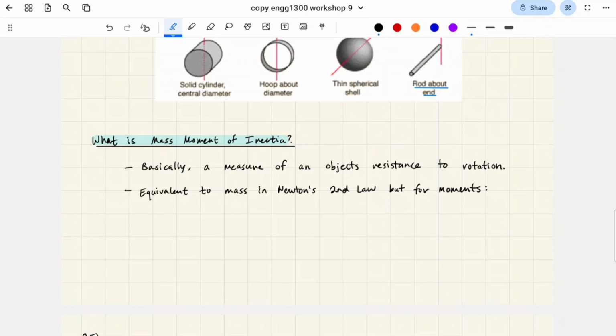It's essentially a measure of an object's resistance to rotation, and it's equivalent to mass in Newton's second law, but for moments. I'll draw what I mean. That's important because it's to do with Newton's second law, and that's the first part we're going to be talking about in kinetics on Friday.